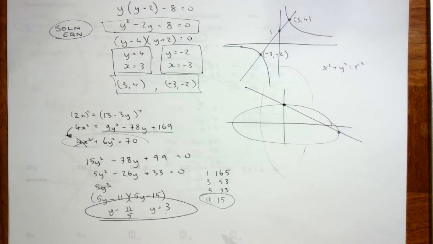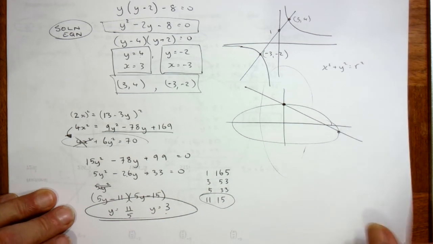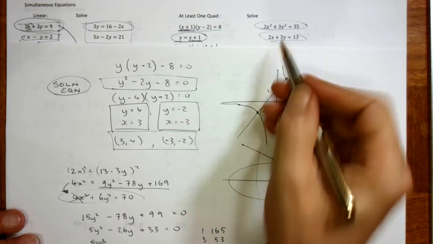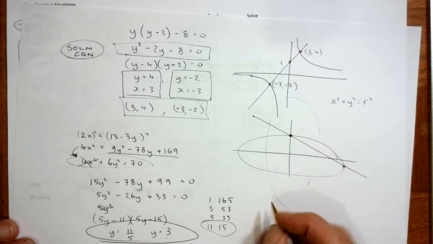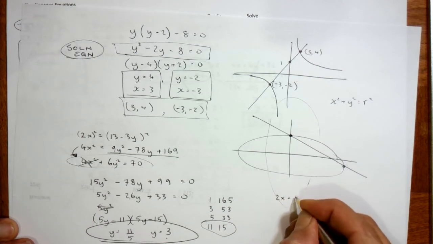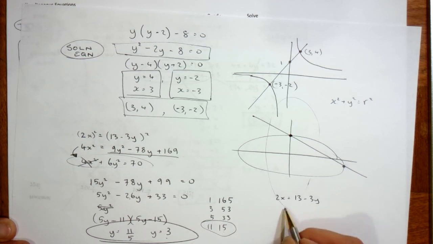We haven't finished because we need the coordinates. And we get our x coordinates by considering the easy version. The easy version is what we started with in that question there, but we rearranged it slightly. 2x was equal to 13 minus 3y. So if y is equal to 11 over 5, 2x is equal to 13 minus 33 over 5.